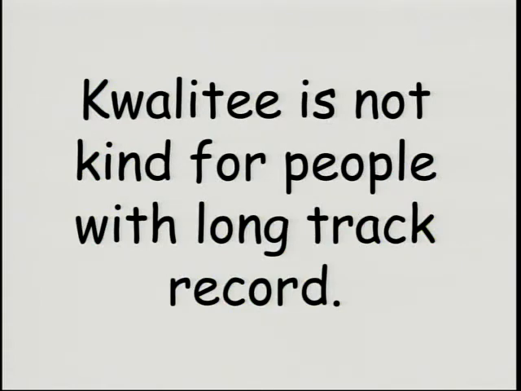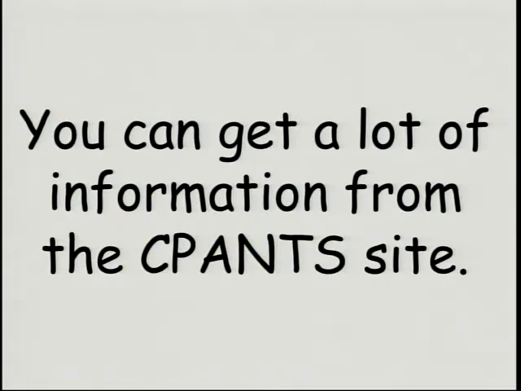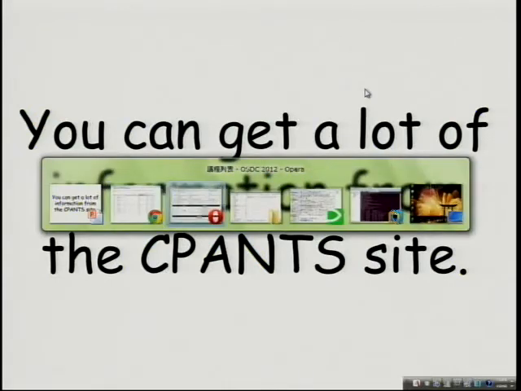And quality is not kind to people with a long track record because they tend to have something very good but very old, with old MetaYAML. MetaYAML complies with the recent practices. Anyway, you can get a lot of information from the CPAN site.